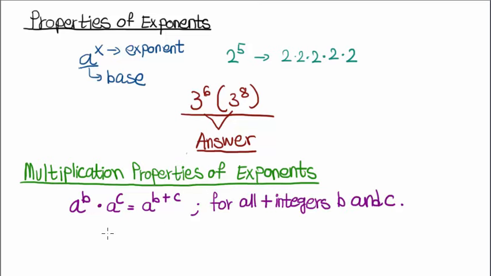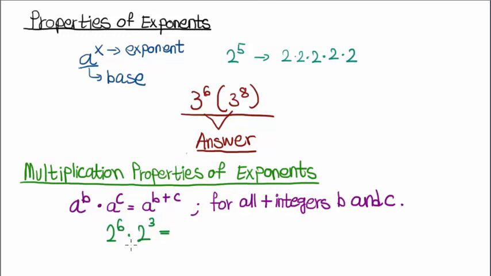Let's say you have something such as 2 to the power of 6 times 2 to the power of 3. In this case, I can simply evaluate this using the multiplication properties of exponents. One thing to remember is that these multiplication properties of exponents only apply when the bases for all of the exponents are the same.